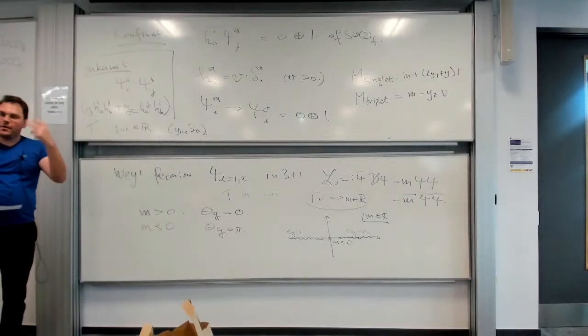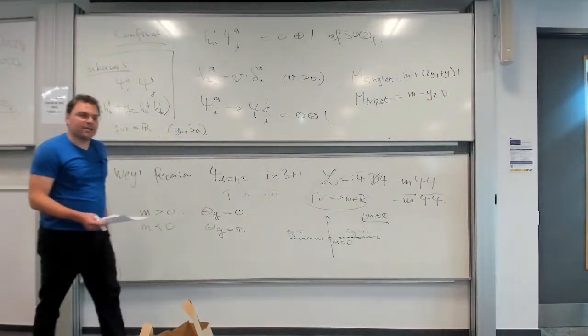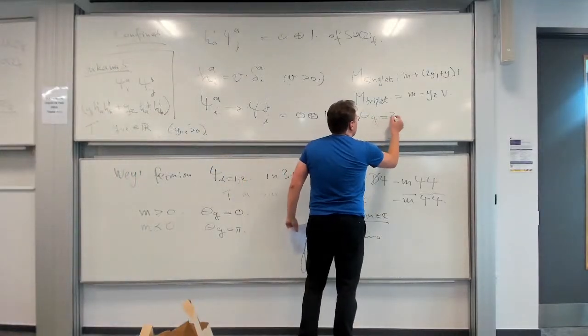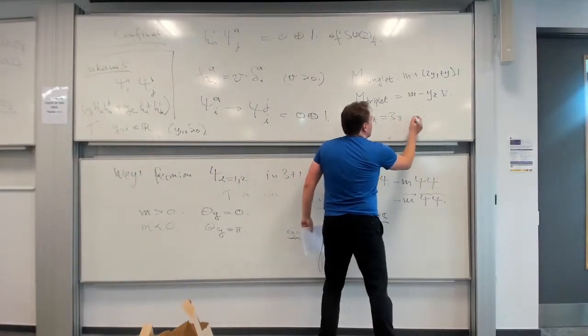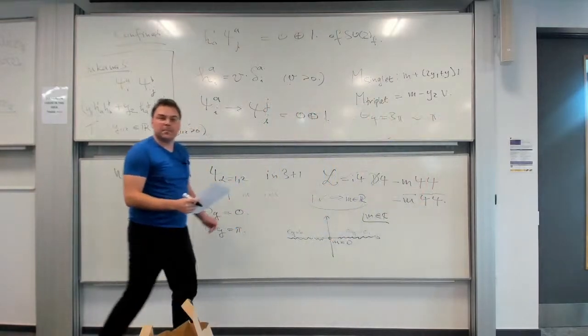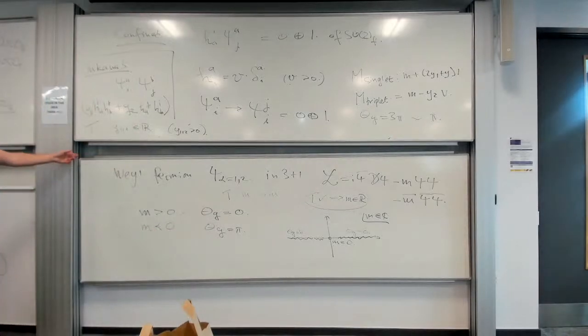Because the triplet has 3 Majoranas in it, that means that we get the gravitational theta angle 3 pi, sorry, which is equivalent to pi modulo 2 pi. So a non-trivial SPT in the Higgs phase.